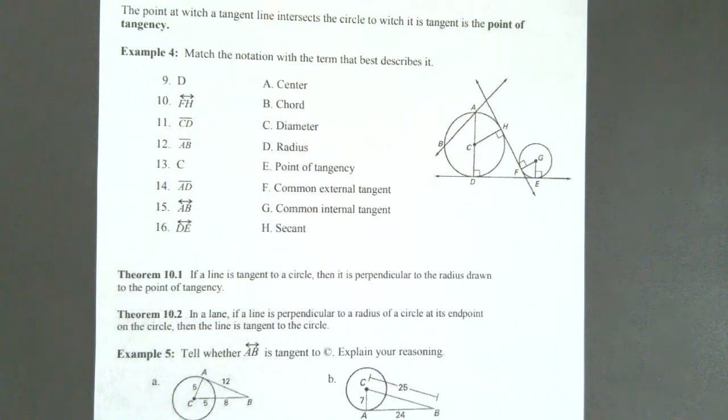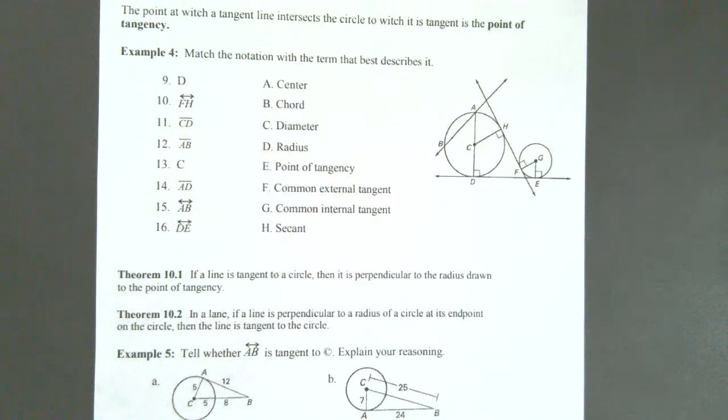Number 9, point D, that would be a point of tangency. So 9 would be letter E. Number 10, line FH. Line FH would be an internal tangent. So common internal tangent, that would be letter G as in goat.